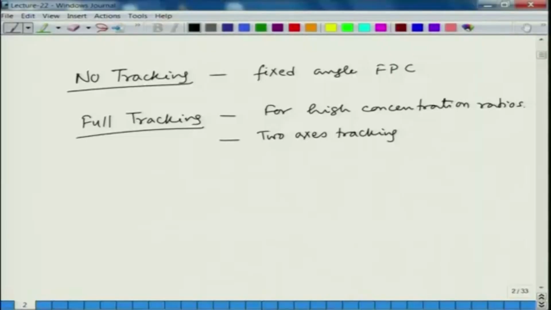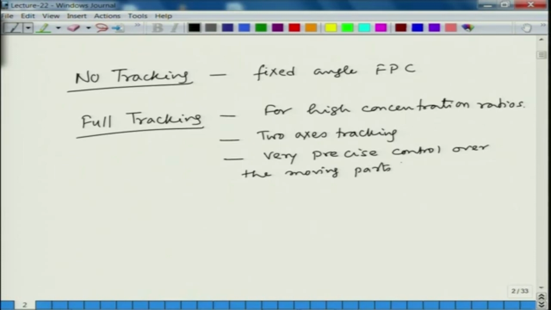For that you need very precise control over the moving parts and the rates of motion. That is indeed possible, and we regularly do it, but it requires a high amount of precision and parasitic power consumption.